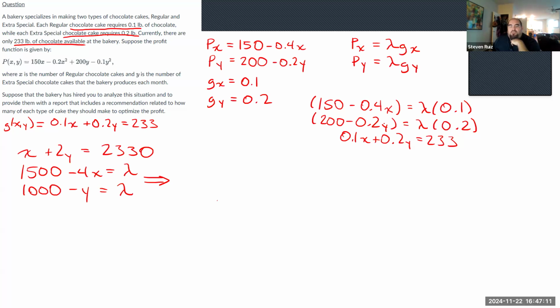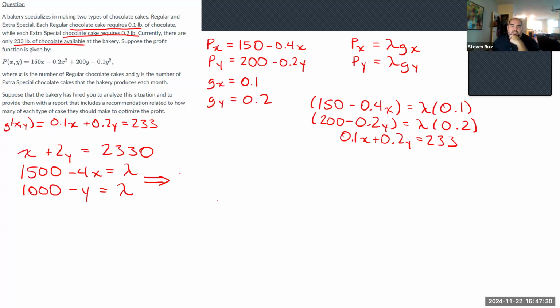So multiplying this whole thing by 10, that gets rid of this 0.1, 1,500 minus 4x. Okay, multiplying the whole middle equation by 5 gives me 1,000 minus y equals lambda. And then the bottom equation, that's what that top one is. 1x plus 2y equals 2,330. Okay, very good.